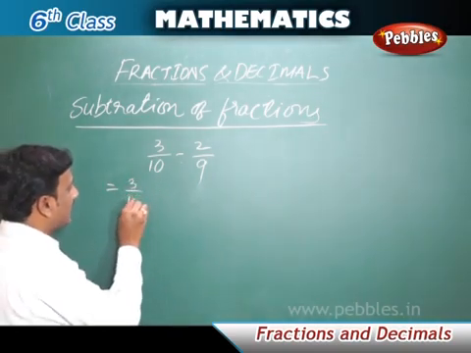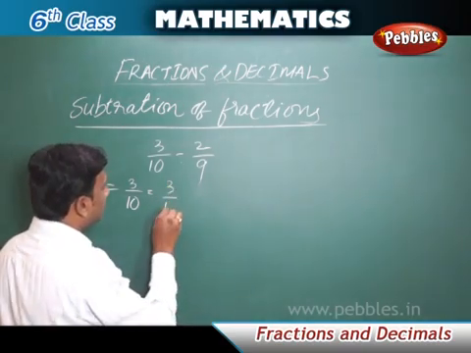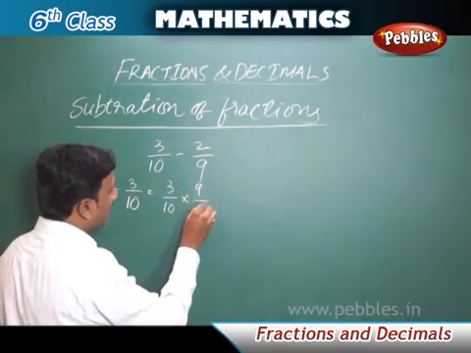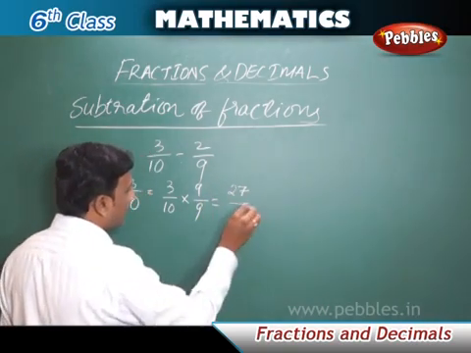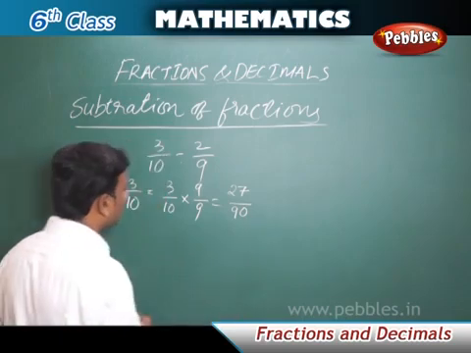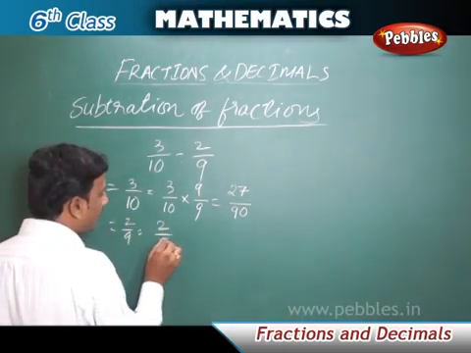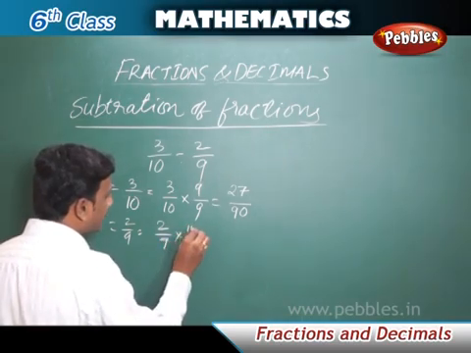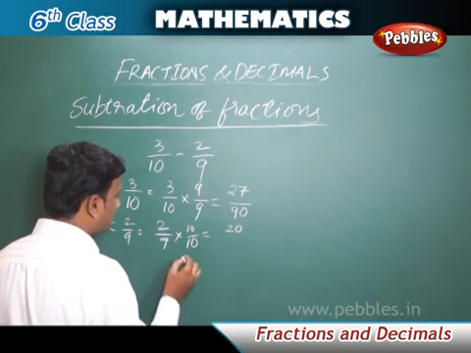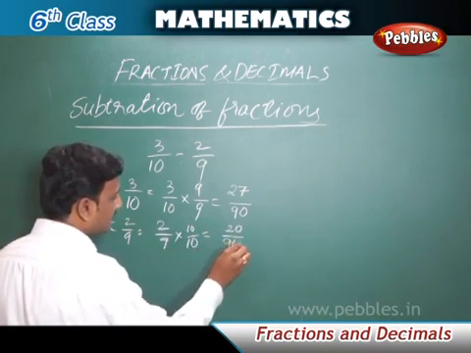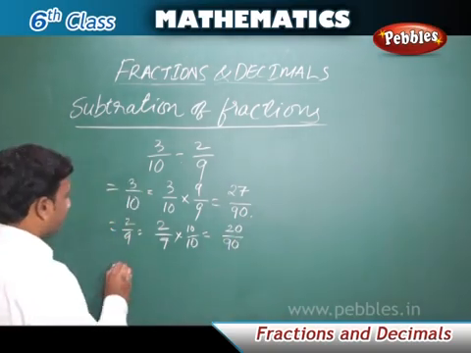First, we make these unlike fractions into like fractions. 3 by 10 equals 3 by 10 times 9 by 9, which is 3 nines, 27 by 90. Now let us take 2 by 9 equals 2 by 9 times 10 by 10, which is 2 tenths, 20, and 9 tenths, 90. So now the denominators are the same.